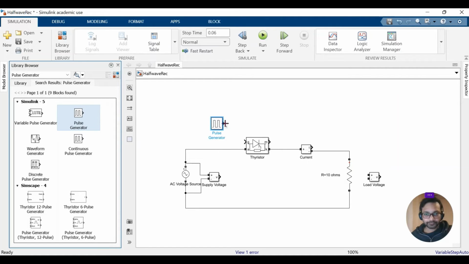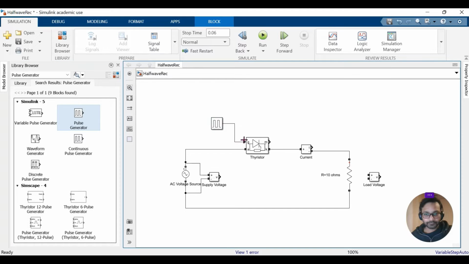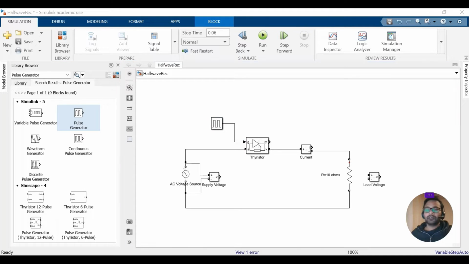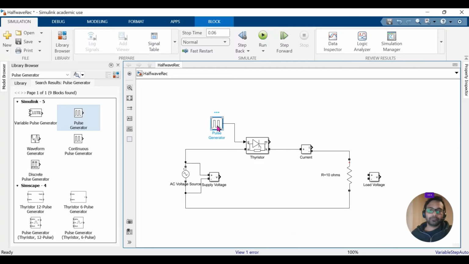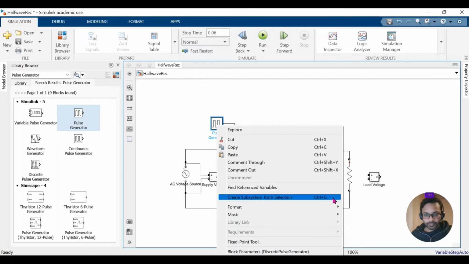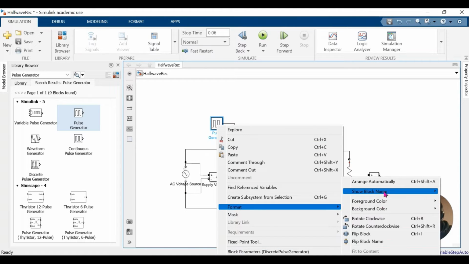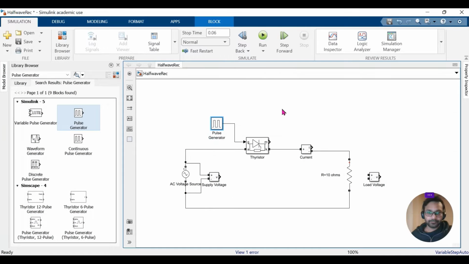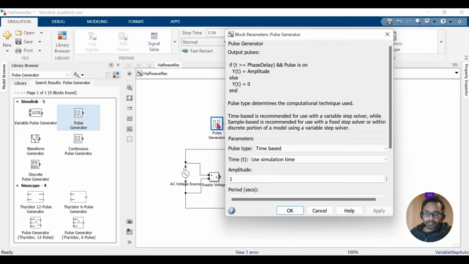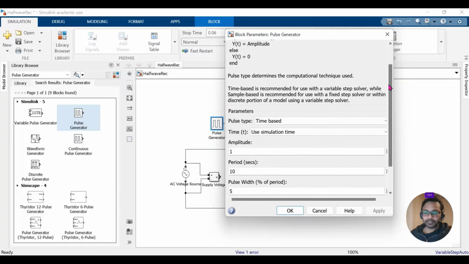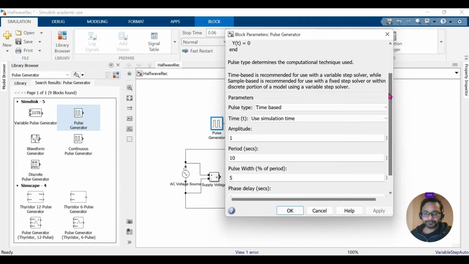Now let's turn the name of the block on. So now if you double click on this pulse generator, we are going to make some changes in the parameters.